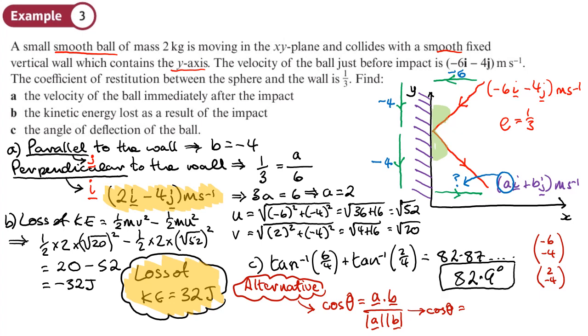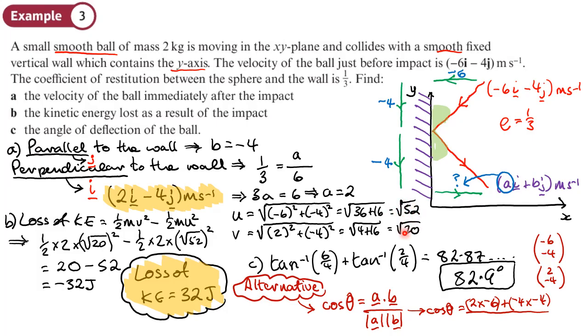So that would be 2 times -6 plus -4 times -4, divided by the length of those vectors. Now I've worked those out, haven't I? Yeah, they were the bits that I used in the previous section.